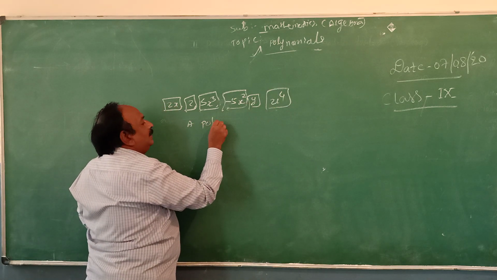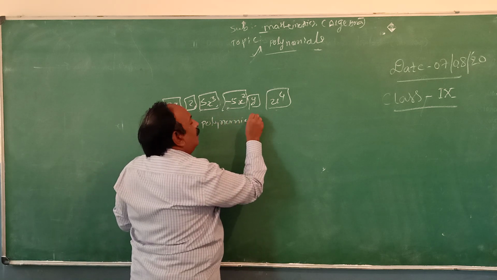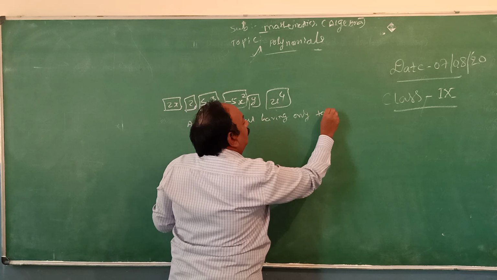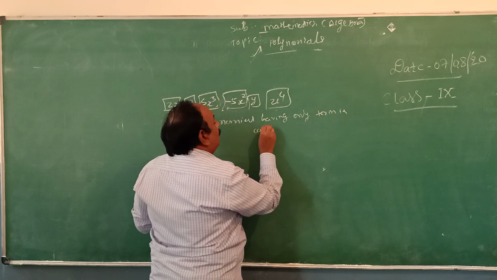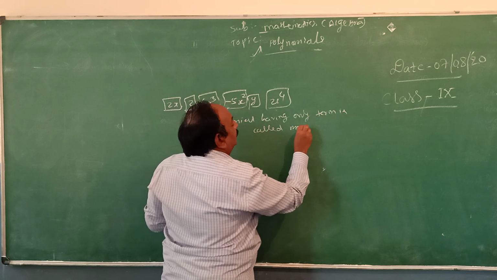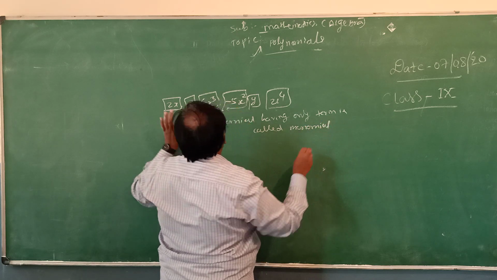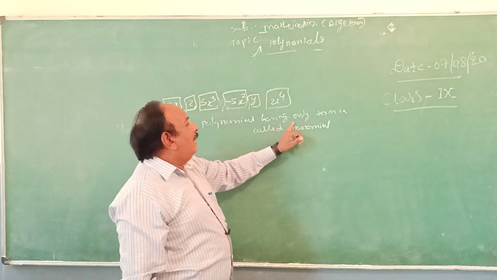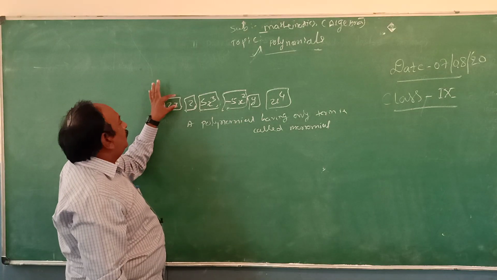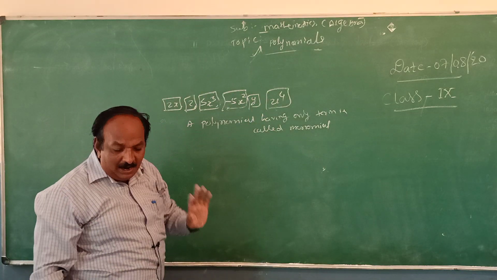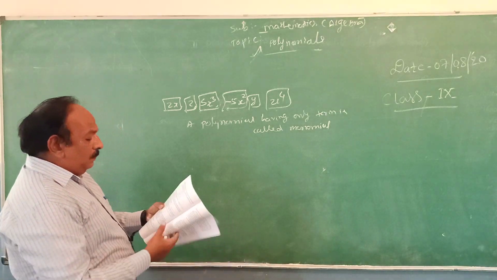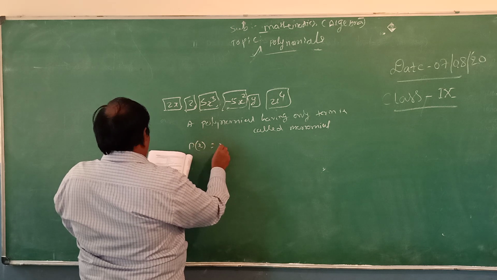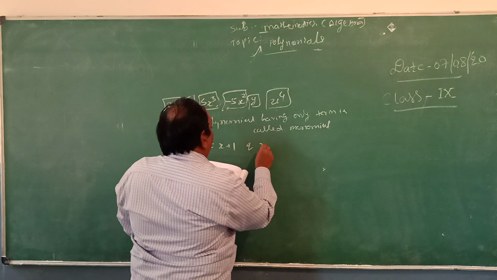A polynomial having only one term is called a monomial.